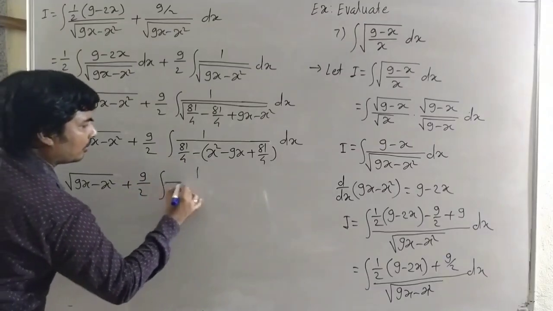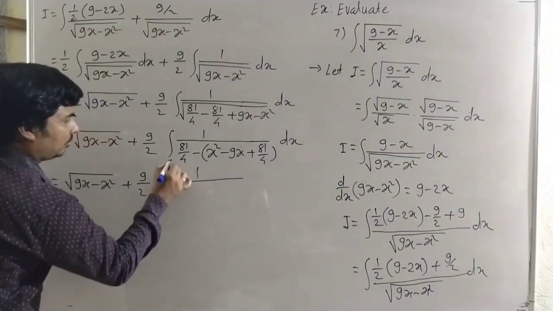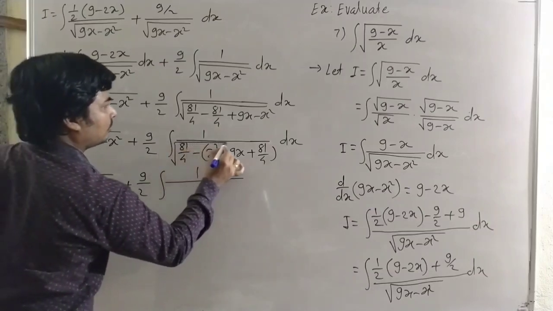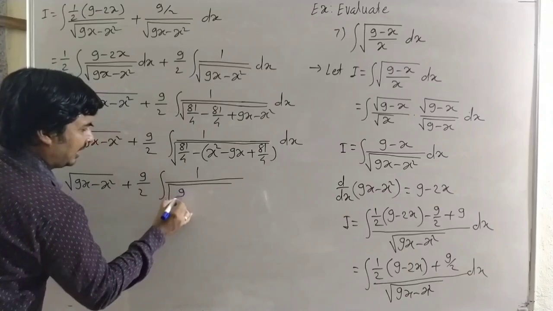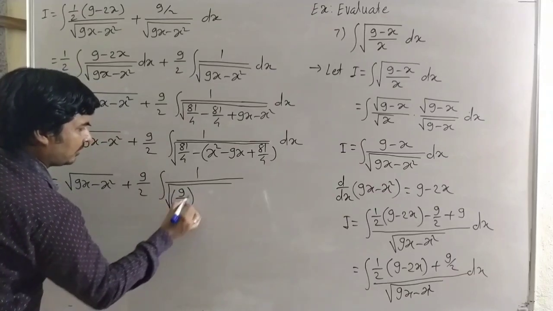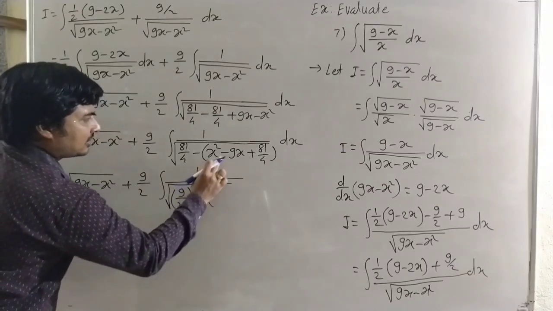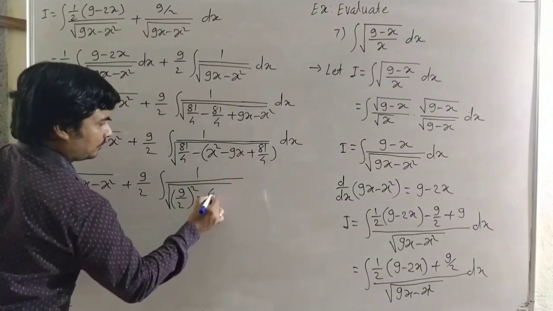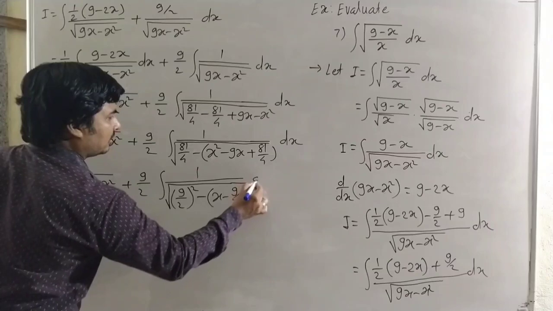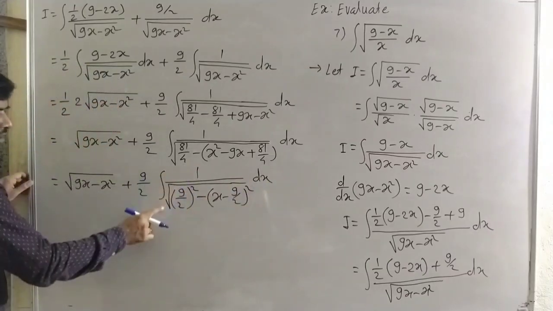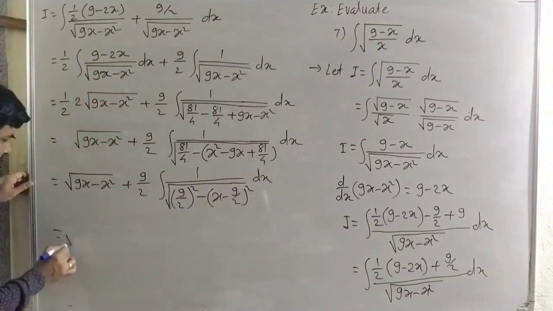Then the first term as it is, that is under root 9x minus x square, plus 9 by 2 into the integral of 1 upon under root of 9 by 2 whole square minus x minus 9 by 2 whole square dx. Now here we can use under root of a square minus x square.